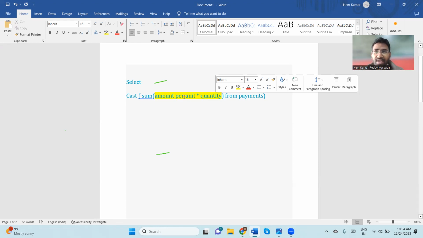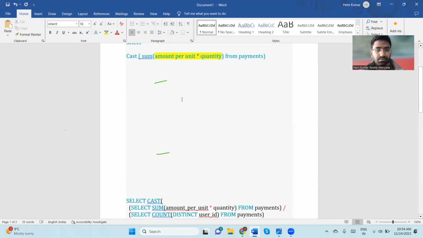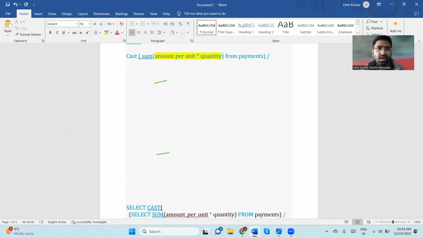As he's asking us for the average, it is the sum of x divided by the number of x. So to do this, we give a slash, and here we want the count of distinct user IDs.